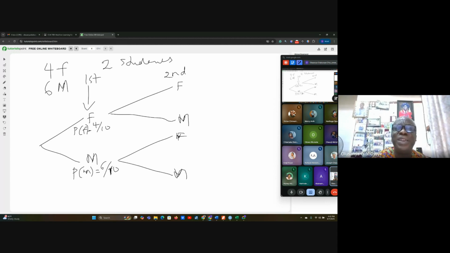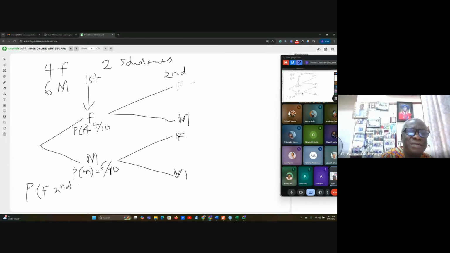So I want to explain conditional probability because what will happen in the second will depend on what happened in the first. So that's what I'm writing when I say probability of female in the second, given female in the first, which is referring to what happened here.